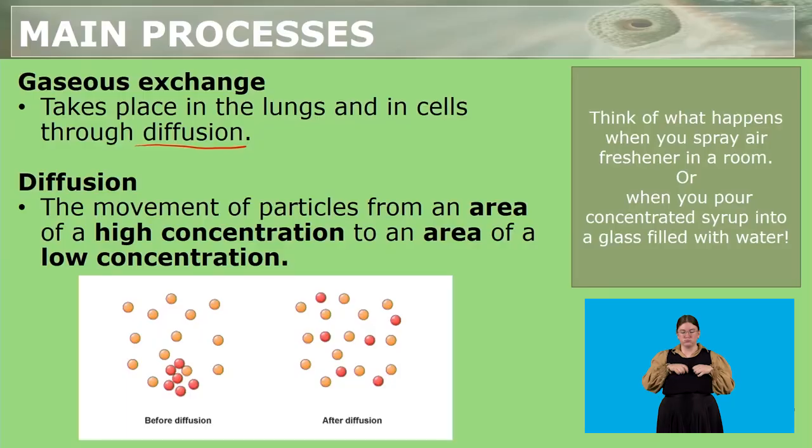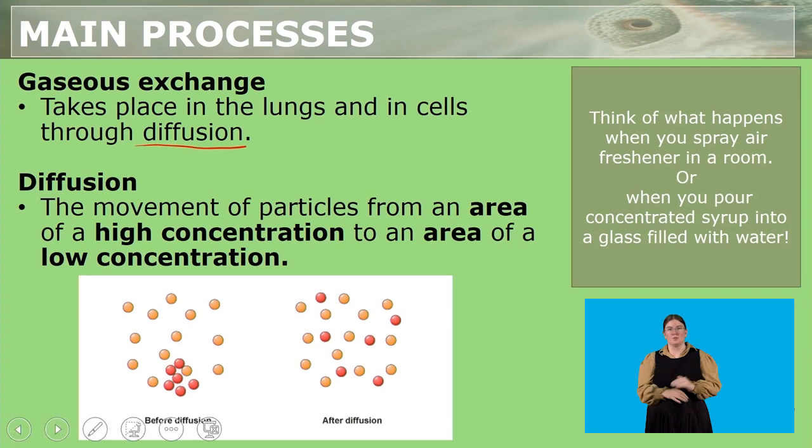As you can see there with the particles, we could say that the red particles show an area of high concentration, and the yellow or orange particles show an area of low concentration. After some time, they become equally distributed.